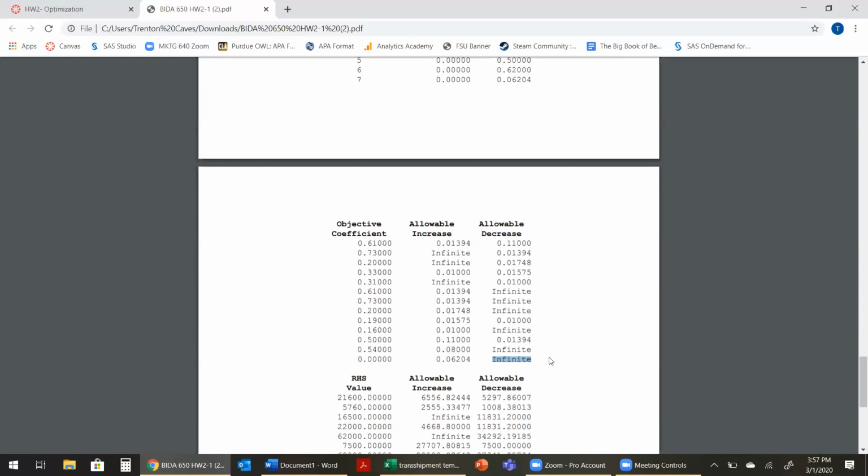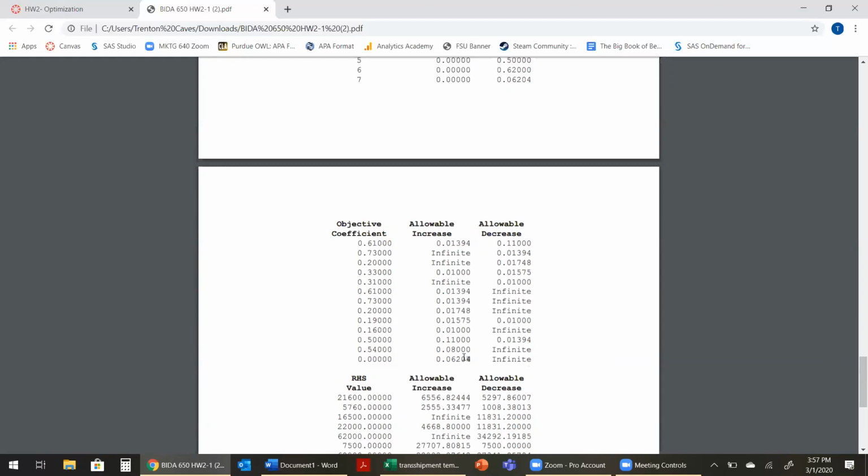Decreasing the profit that we get from selling that product is not going to change the amount that we can improve, because we're already not making any profit from that product.